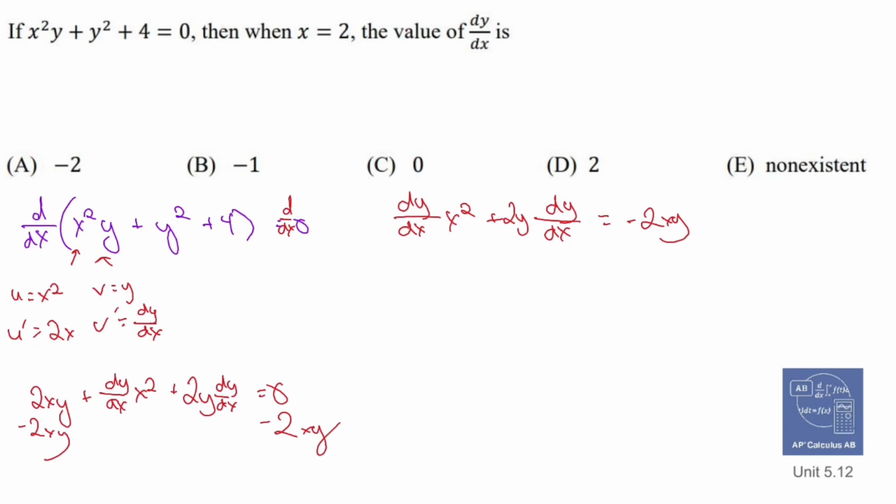Now let's factor out a dy dx, like that. That leaves me with x squared plus 2y equals negative 2xy.